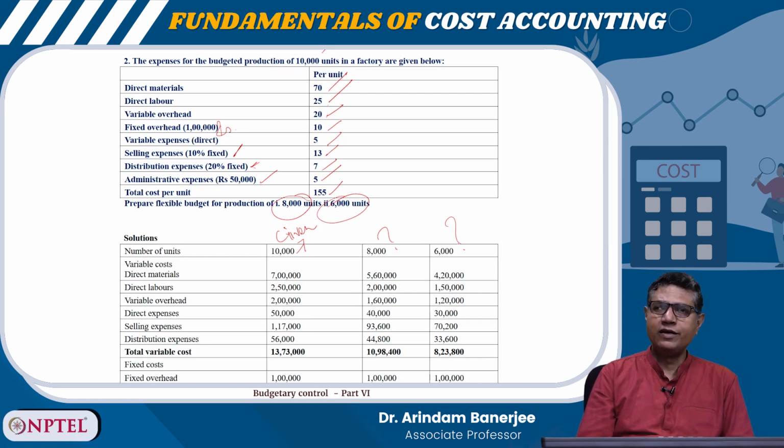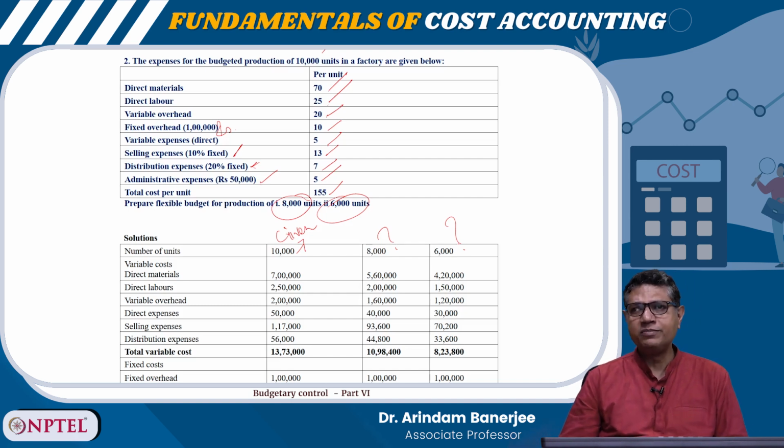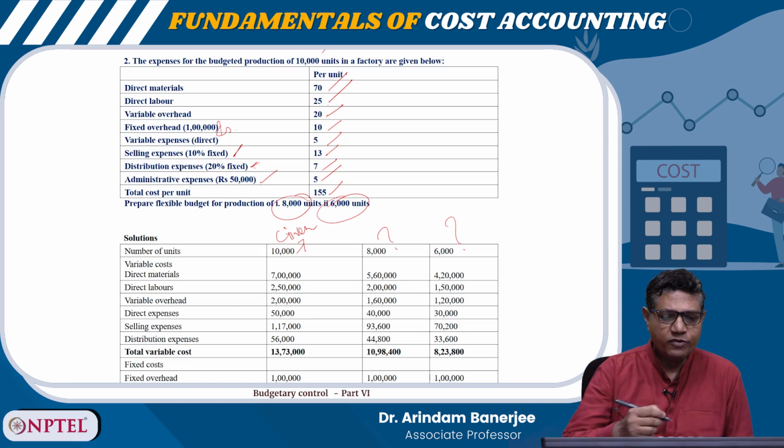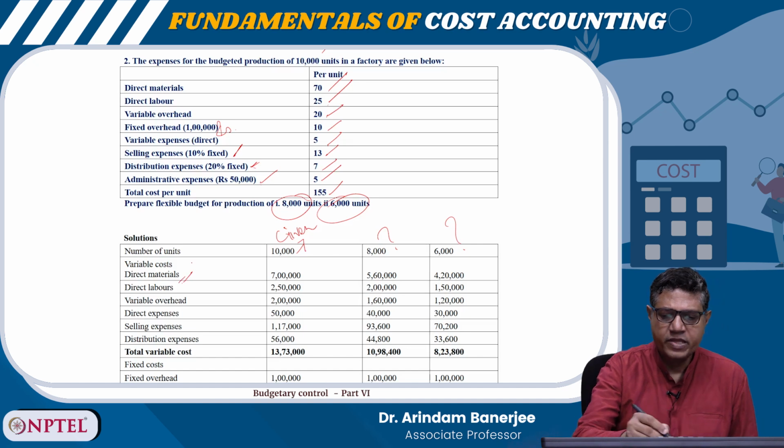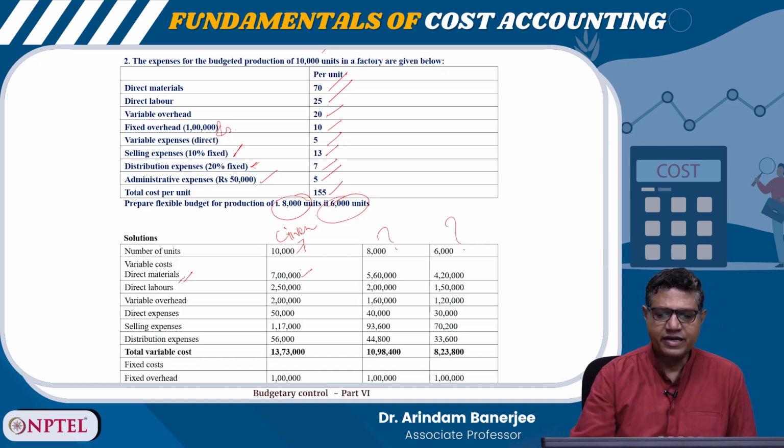What we can do is, as we have seen in the earlier problem, the variable cost will vary proportionately. Direct material is the first major variable cost. Here it is 7 lakh for 10,000 units. For 8,000 units, it will be 5,60,000.